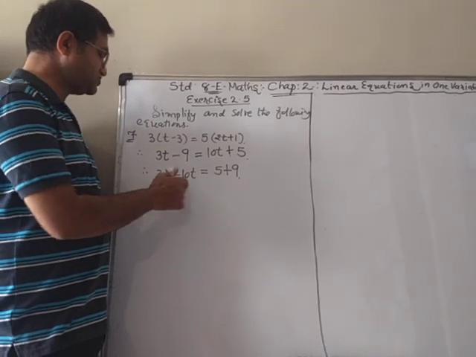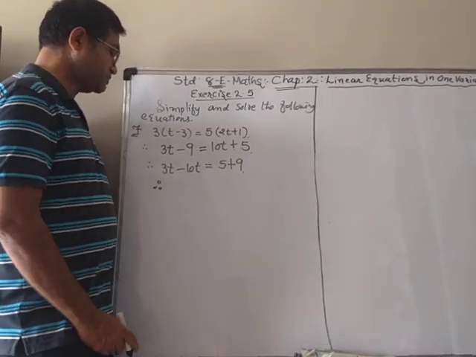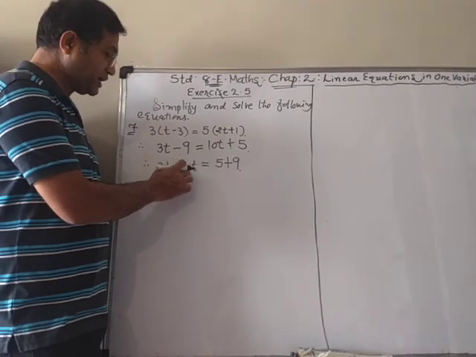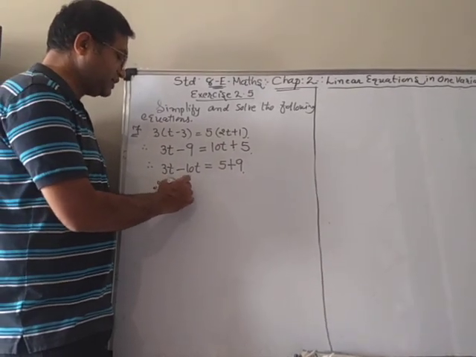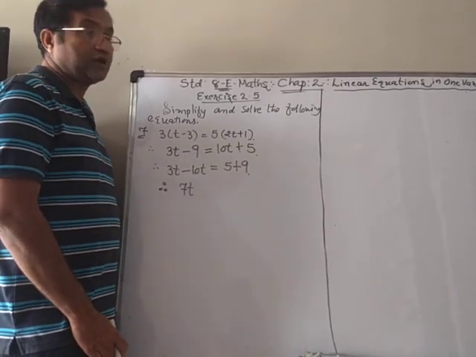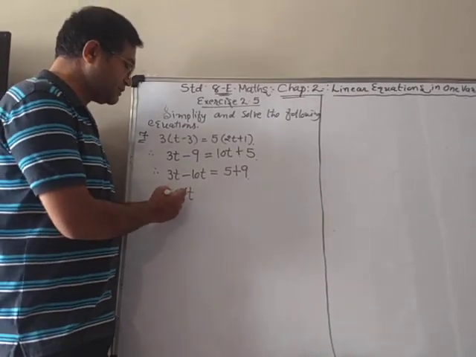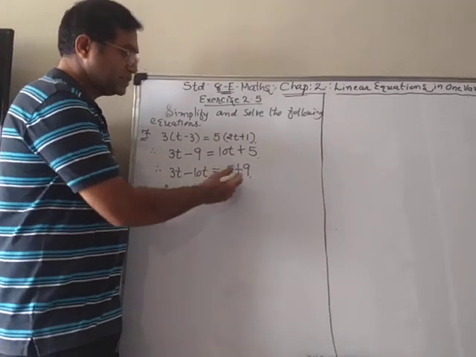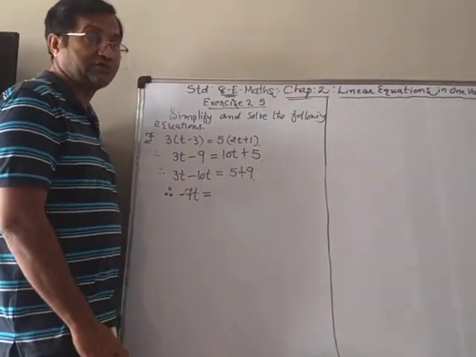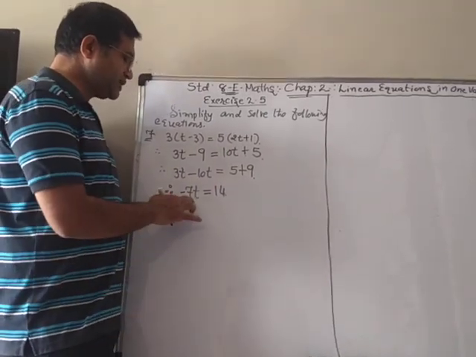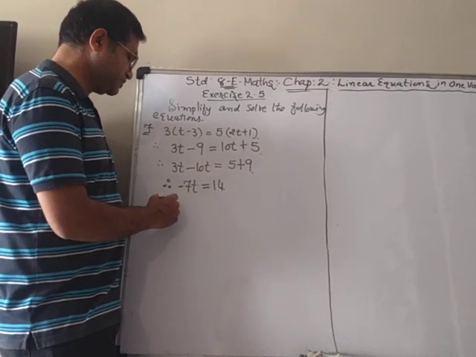So 3t minus 10t. What is 3t minus 10t? Here opposite signs, subtraction means 10 minus 3, 7t. But here 10t is the bigger number, and always the sign of the bigger number, so minus 7t. Is equal to, now it is very simple, 9 plus 5, 14. Now minus 7 will go that side.